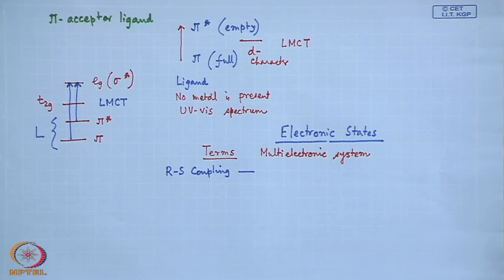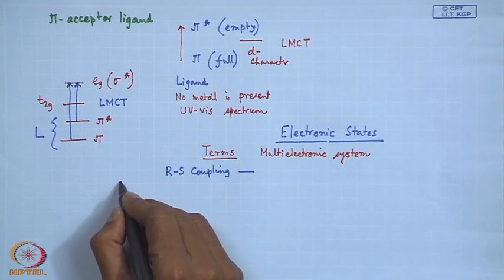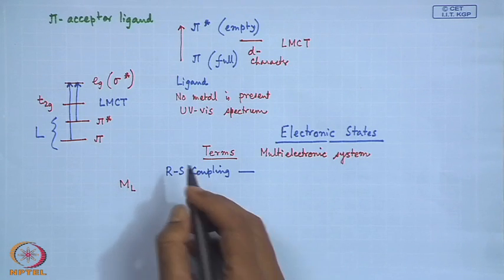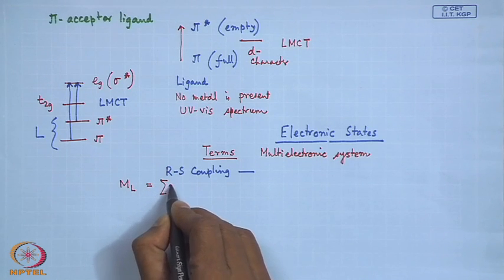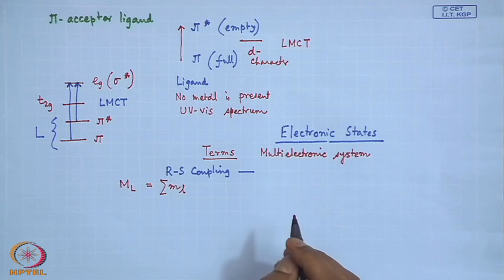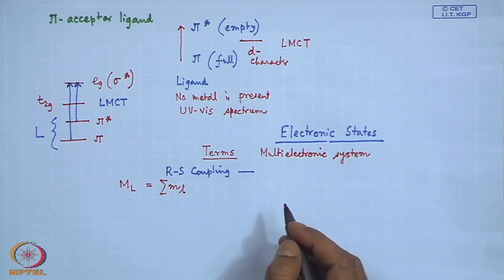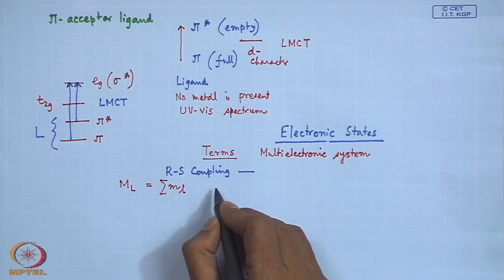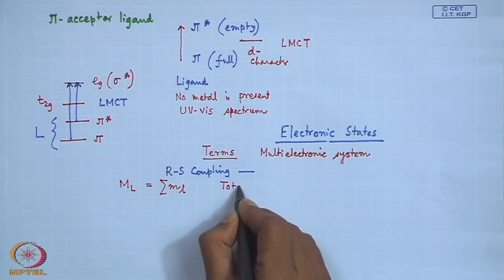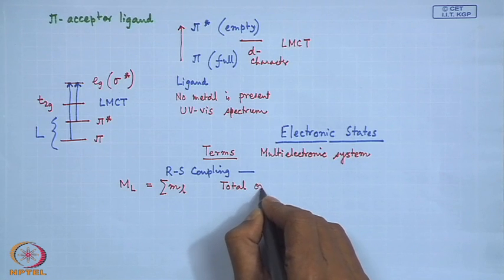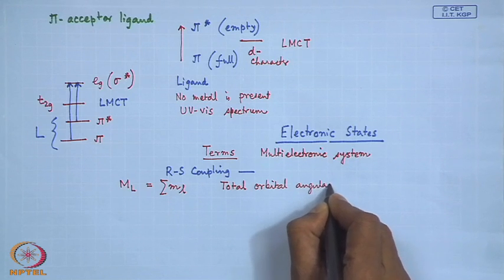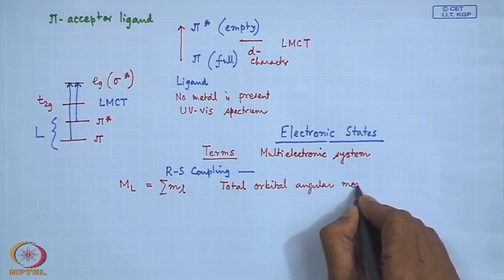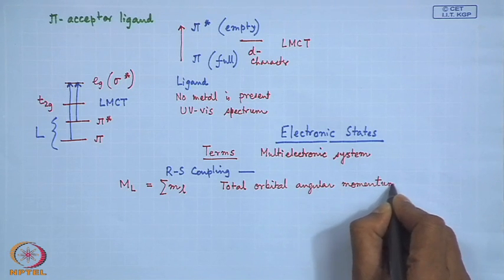In this coupling, the ML value for a multi-electronic system is the summation over the individual ML values; the individual orbital angular momentum values give us the total orbital angular momentum.